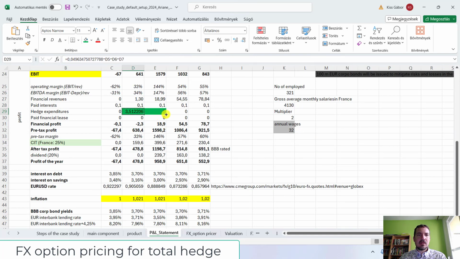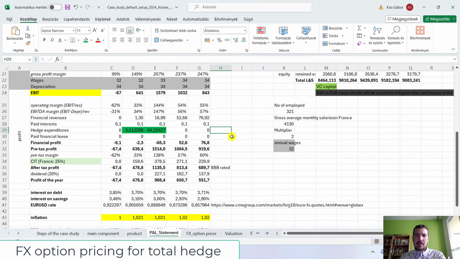So unfortunately, we have to pay more for the safety. So we can say that some amount of money must be spent.